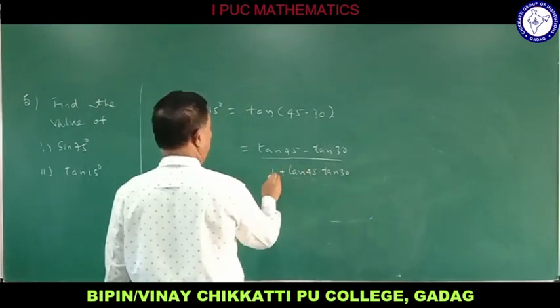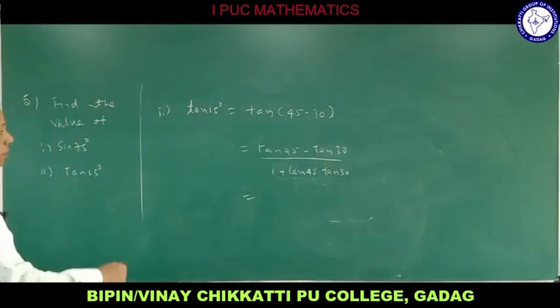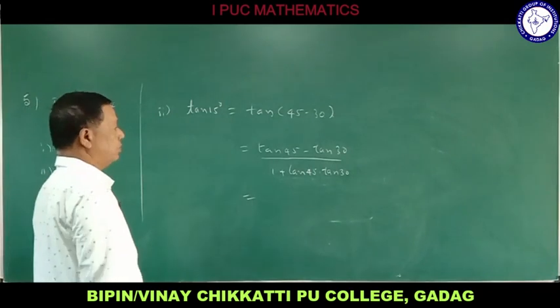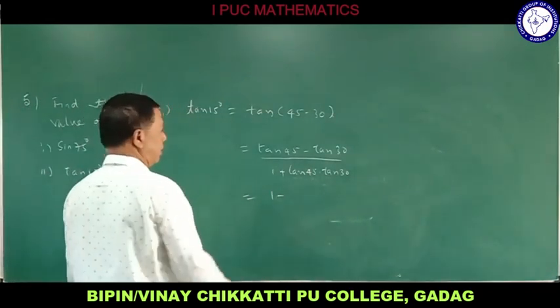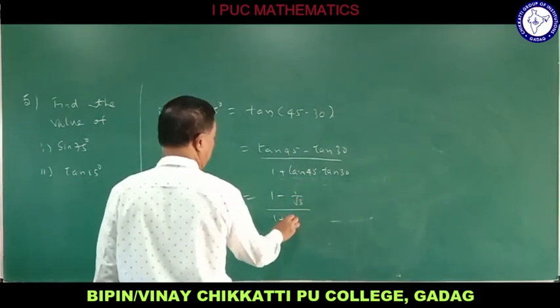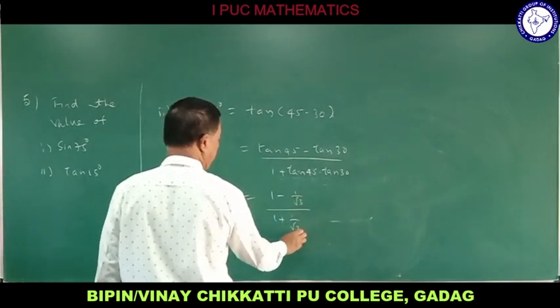There is another way: tan 15 can be written as sine 15 divided by cos 15, but their values take much time. So tan 45 is 1, tan 30 is 1 upon root 3. So 1 minus 1 upon root 3 divided by 1 plus 1 upon root 3.